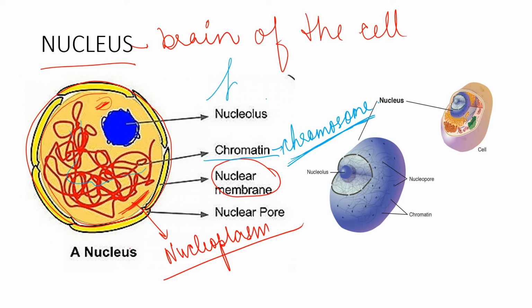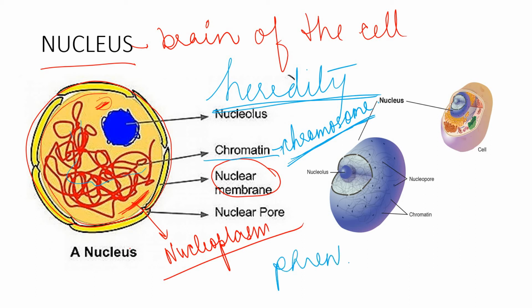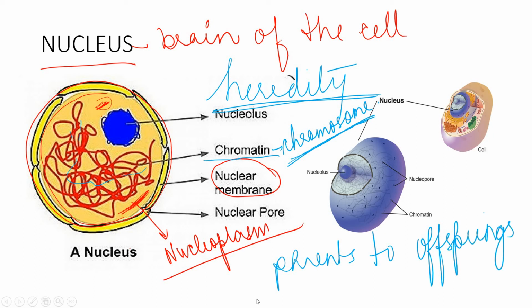This is due to heredity, that is transfer of characteristics from parents to offspring. Offspring means babies. Your eyes may be exactly like your mother's, or your nose may be exactly like your grandmother's, or grandfather's, or maybe your father's also.